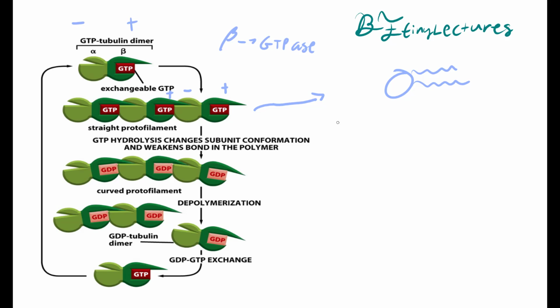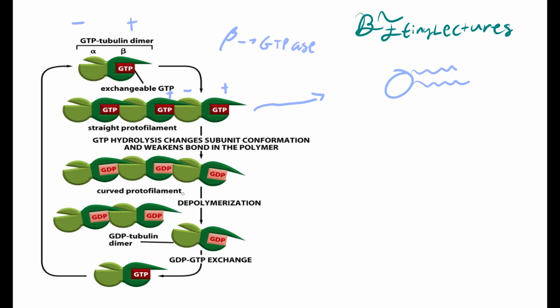But if we decide that we need to shrink, then we can do hydrolysis of the guanosine triphosphate. If I do the hydrolysis of the guanosine triphosphate, I will convert it to guanosine diphosphate. Now when this happens, the structure becomes very unstable. It becomes so unstable that it begins to curve. So now we have a curved protofilament, and this curve is not stable.